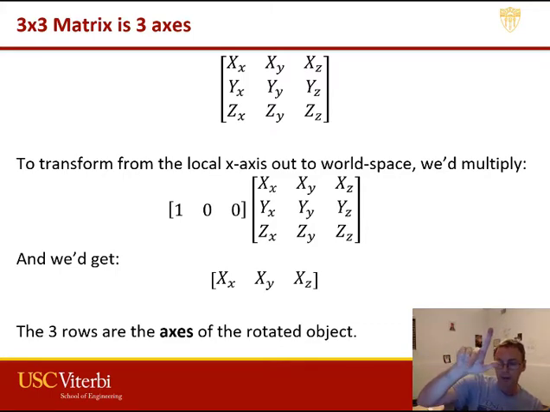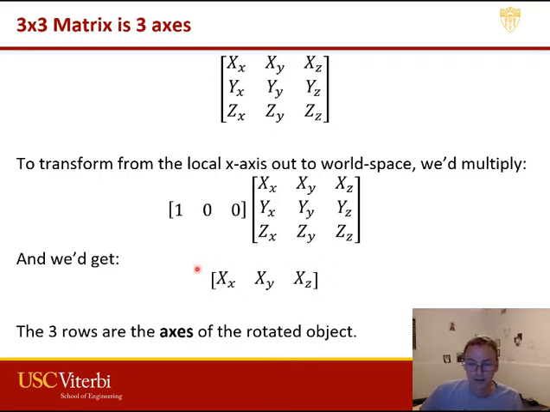Well, if I make a matrix that represents this orientation, then how would I ask the question, what is the x-axis of this orientation out in world space? If I go from local x, this is my local x-axis, what is that out in world space? Well, let's do that. If I take the x-axis, that's just x, and I transform it using this matrix from local space out into world space, what do I get?